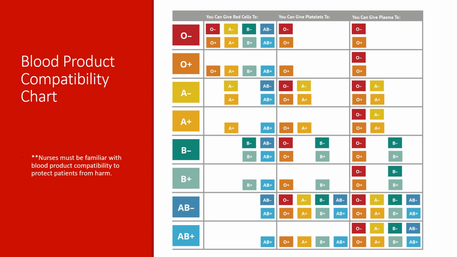But that means that they don't have anti-A or anti-B antibodies in their plasma. So therefore, they can give plasma to anyone, but they can only receive red blood cells from AB patients.